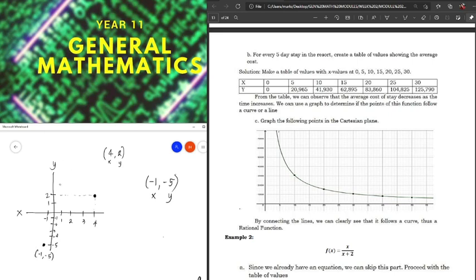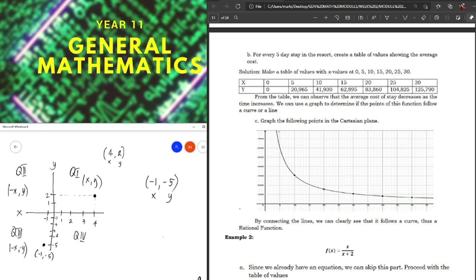So remember, in this coordinate plane we have 4 quadrants. Quadrant 1 is composed of positive x and positive y. Quadrant 2 has negative x and positive y. Quadrant 3 has negative x and negative y.